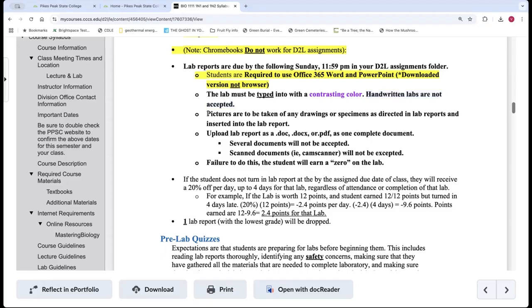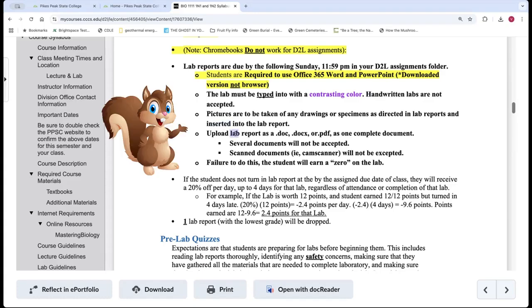If there are any specimens to take pictures of, whether it's specimens in your actual labs that you're doing at home, or graphs, whatever that looks like, you take a picture of those specimens, i.e. drawings or graphs, and then you insert them into the lab report. When I do my lab report video, you will see in detail how to make that happen. You will then upload that lab report to the assignments folder.